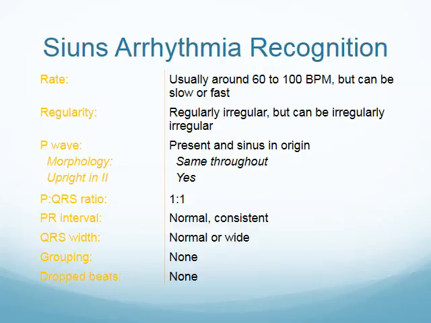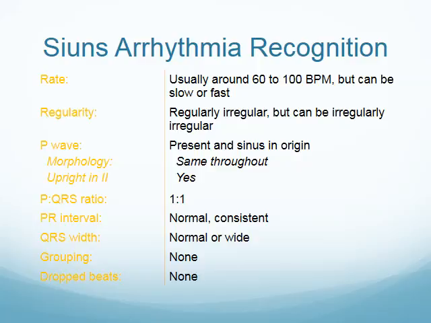So here we have our sinus arrhythmia recognition. We have our heart rate at 60 to 100 beats a minute, but it can be slower or faster than that. Our regularity is what the difference is going to be. It's usually regularly irregular, but it can be irregularly irregular as well.